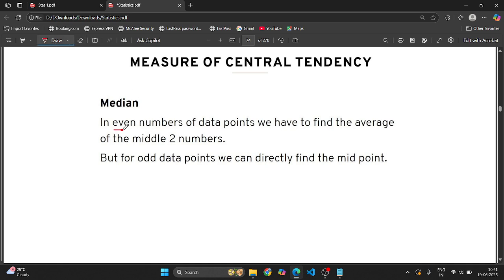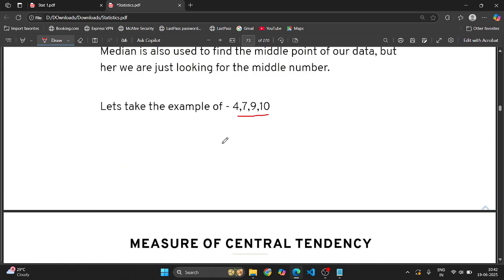If we have an even number of data, we have to find the average of the two middle numbers, like here 4, 7, 9 and 10. So it's an even number of data, and in this case we take the average of the middle two elements.